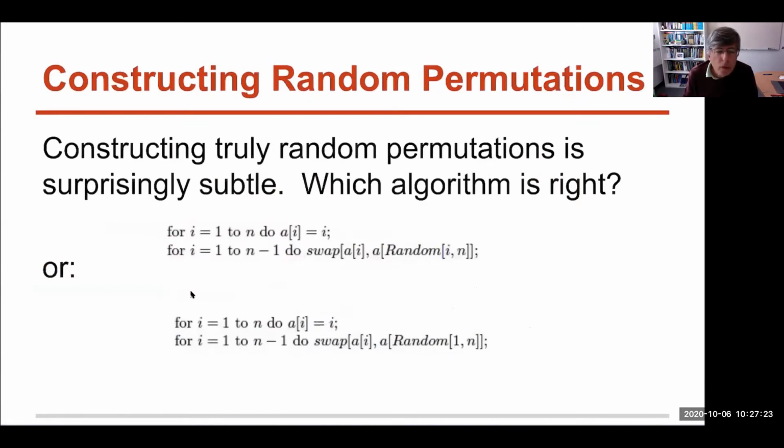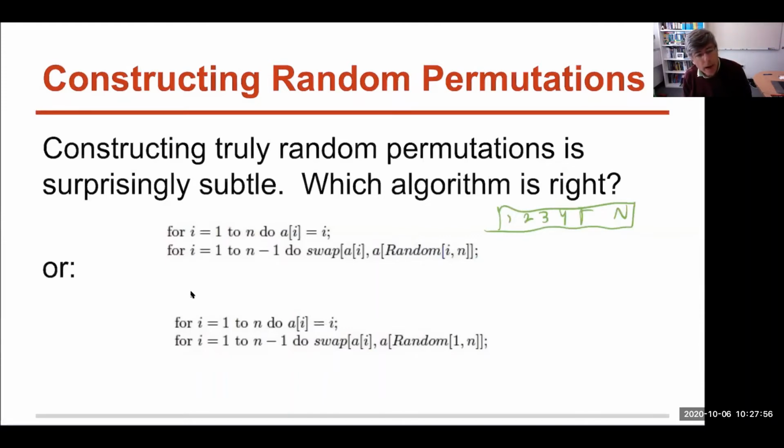So how do we construct random permutations? One thing I want to convince you of now is that constructing things at random, where things are really uniformly at random, is a very subtle problem. Here I give you 2 different algorithms for constructing random permutations. What am I doing? I'm starting out with an array and putting n numbers in it.